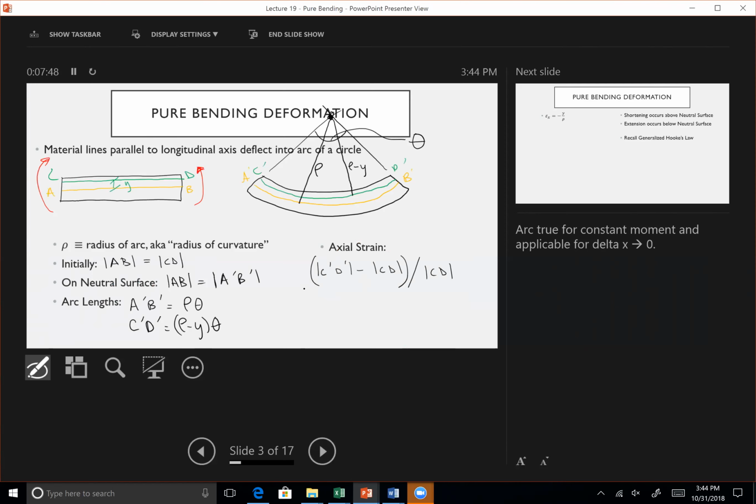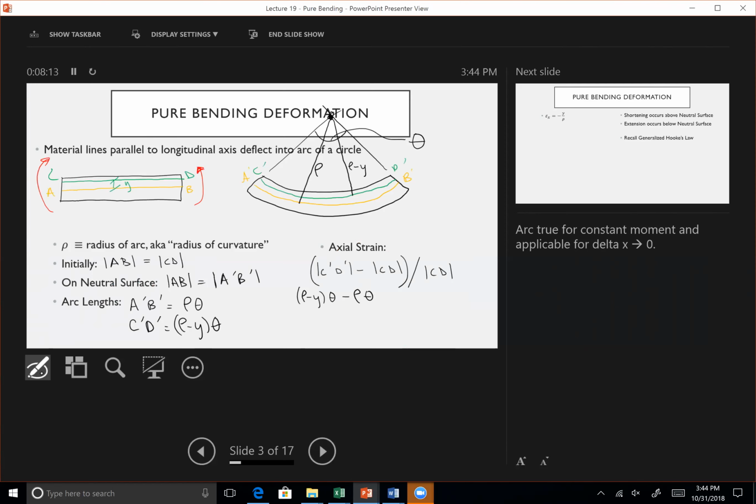Okay, so C prime, D prime is rho minus y times theta. CD, we don't know that value, but we know it's equal to AB. And we know that AB is equal to A prime, B prime, which we know is equal to rho theta.